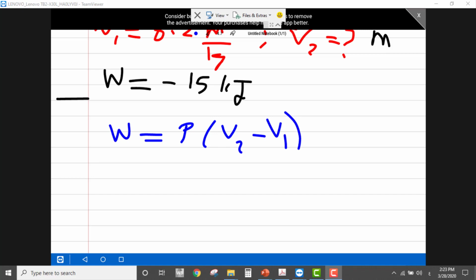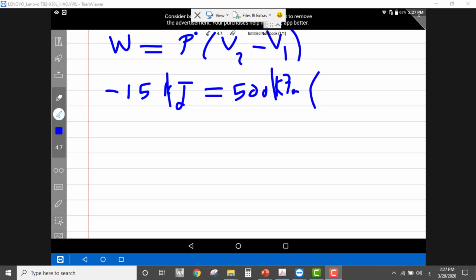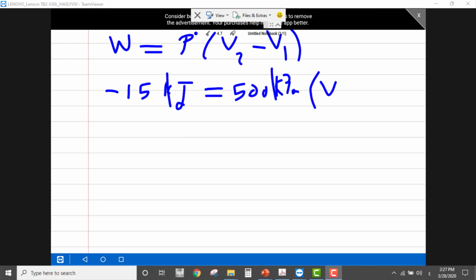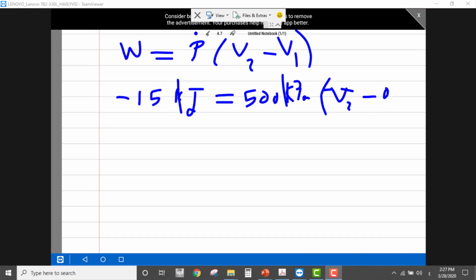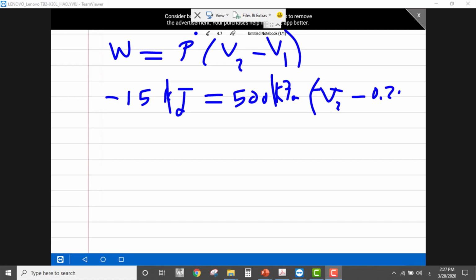Now W is given, which is minus 15 kilojoule, and this is equal to pressure, which is constant, 500 kilopascal, multiplied by V2 capital minus V1 capital, where V1 capital equals 0.2 multiplied by 1/4.